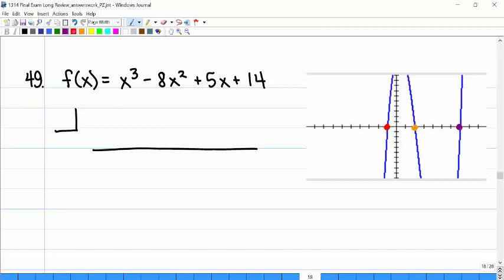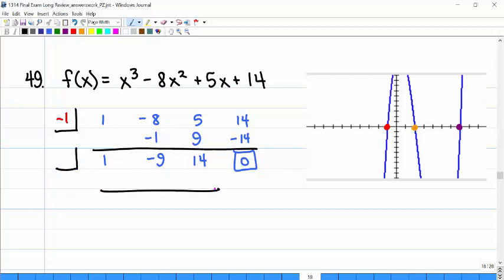So the first one I saw was -1. So my coefficients are 1, -8, 5, and 14. When I do my synthetic division, I do get a 0 remainder. So now I want to do synthetic division again with what's remaining with my 0 of x equals 2.